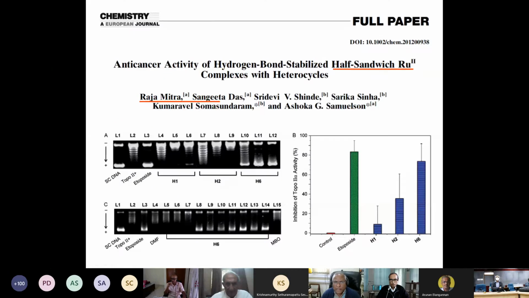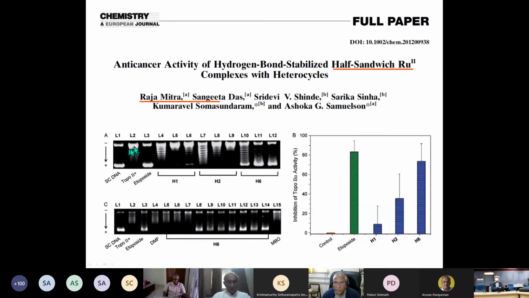And yet another paper where Raja Mitra was first author, and Sangeeta Das also participated in this work. Here we looked at a ruthenium complex and its ability to inhibit cancer cells. They demonstrate that the ruthenium complex is able to inhibit topoisomerase 2 activity. If you can see here, the control plasmid DNA is supercoiled, and if you add topoisomerase 2, it is able to relax.